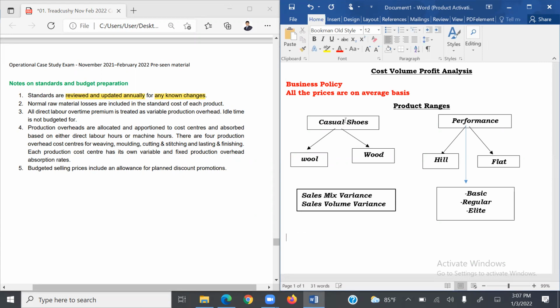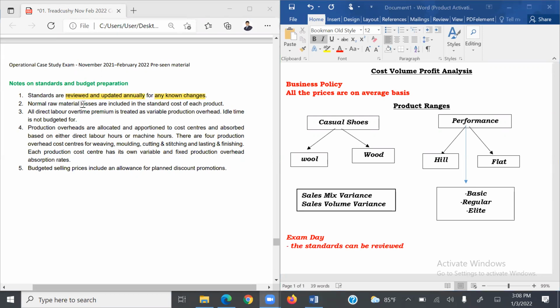I will write down here for your understanding, exam day: the standards can be reviewed. If you are fine with that, can I quickly get a Y in the chat box? Yes, excellent, perfect.